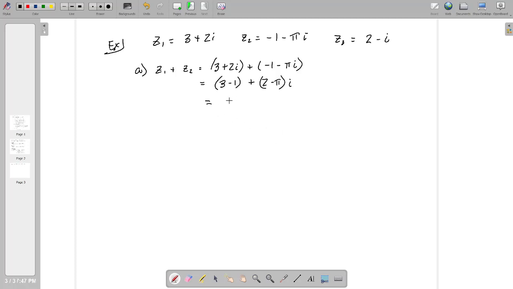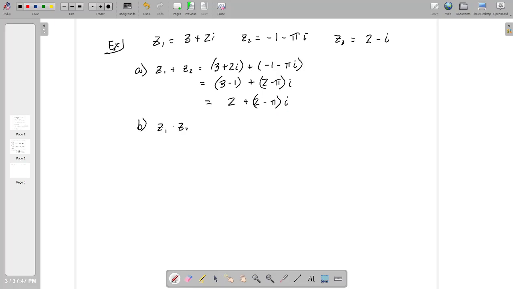So this, of course, then becomes 2 plus 2 minus pi i. Now you might be asking yourself, why can we not combine these 2's? It's because this i is connected to both of these. Remember, this is the imaginary part, this is the real part. We can't combine them because we have a multiplication here, and this multiplication is higher in the order of operations than addition.